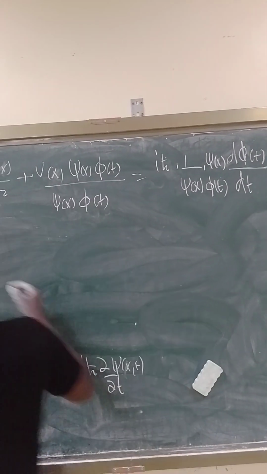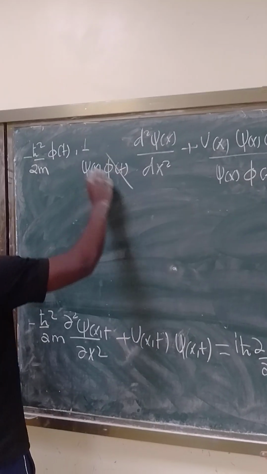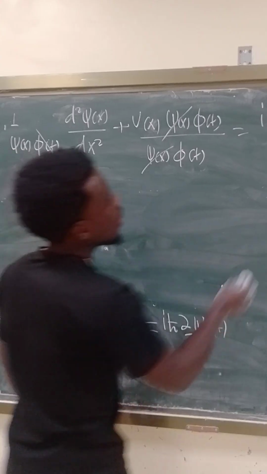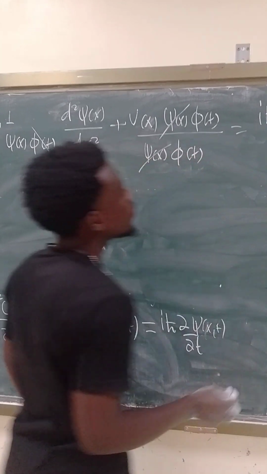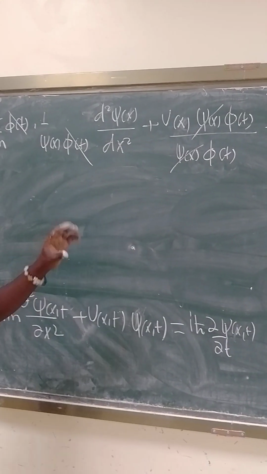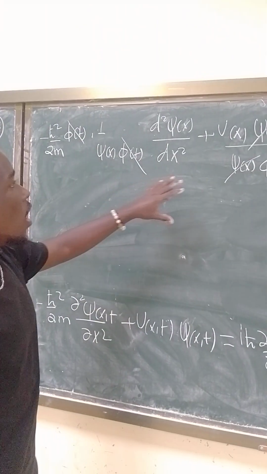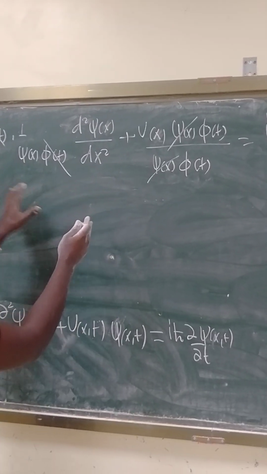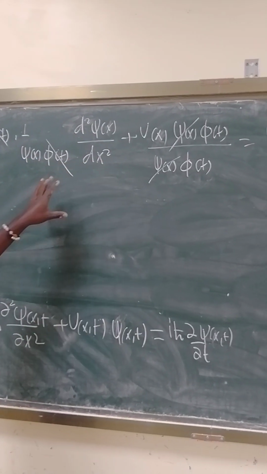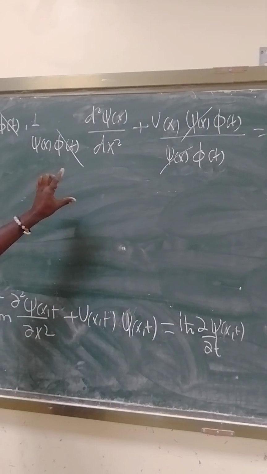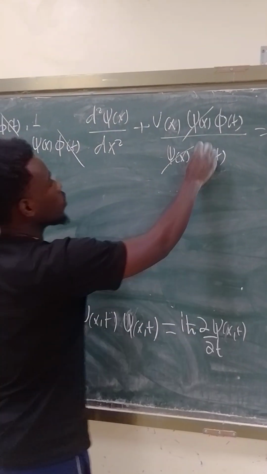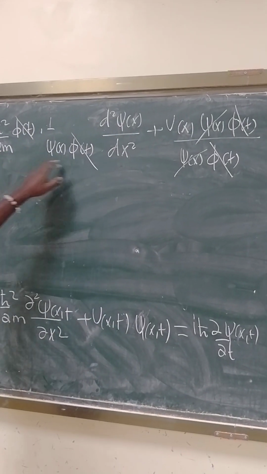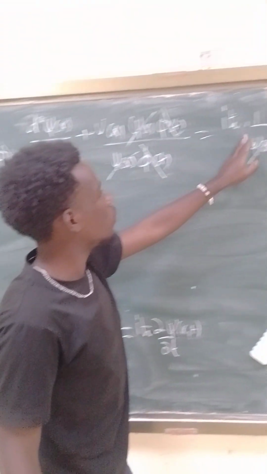Okay, now you can see that this one can cancel with this one, and this one cancels with this one. This means that my equation is now reduced because I have now separated the variables. This left hand side has only the variables as a function of x, and the right hand side has only t.